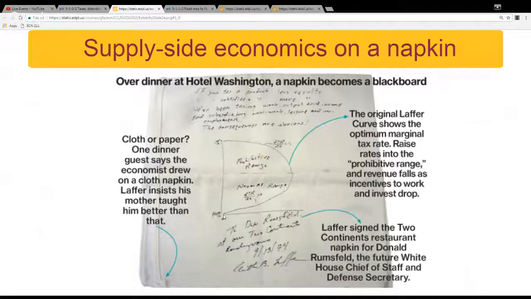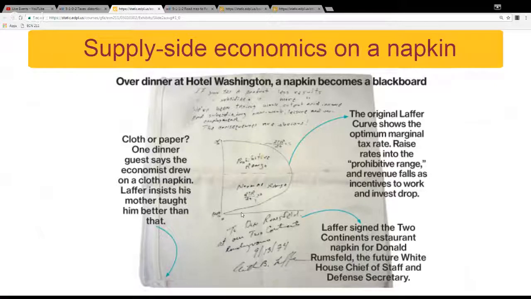He said, what is the total amount of revenue as a function of the tax rate? He drew it like this. In the lecture, we'll draw it the other way around. But he basically made the case that you can lower taxes and increase revenue.